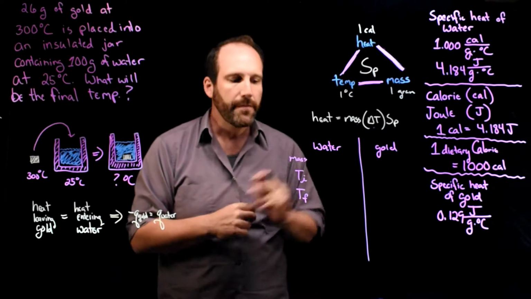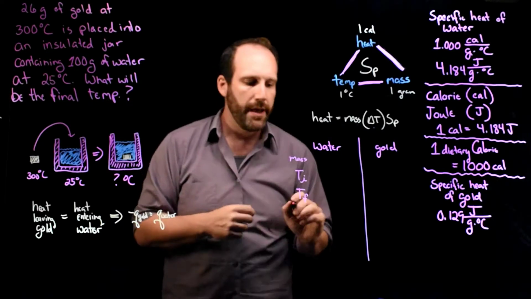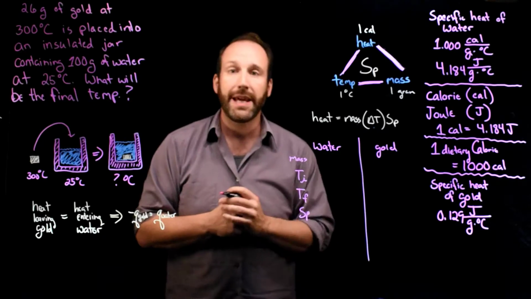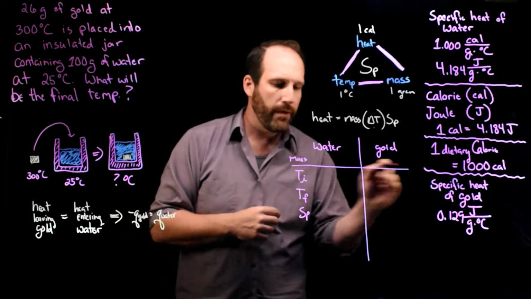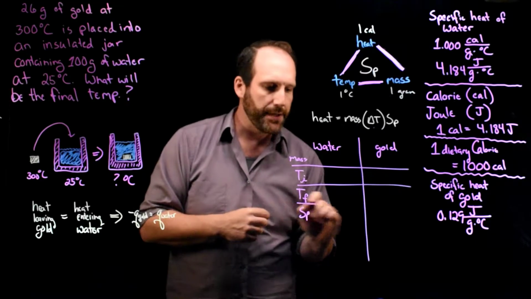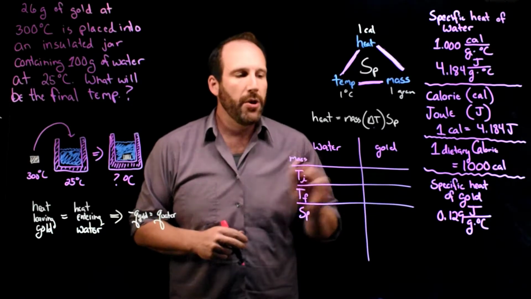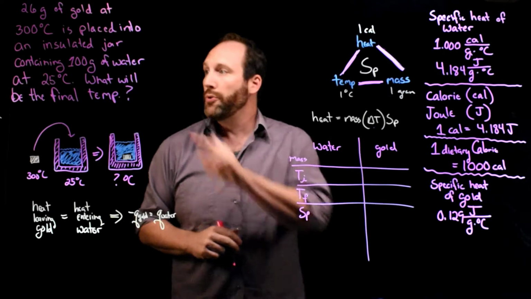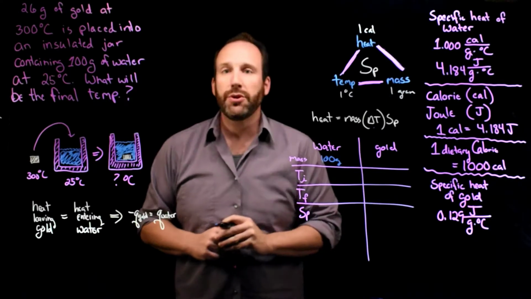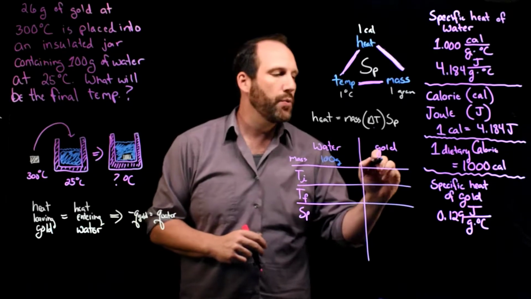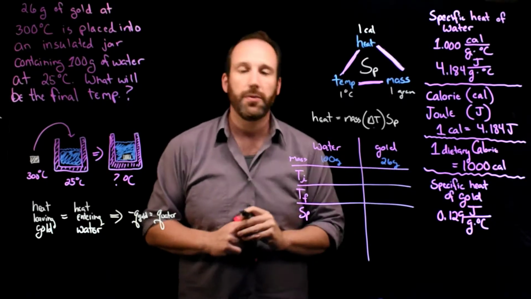We can subtract those to get delta T. And we need to know the specific heat of each of these things. Well, what things can we go ahead and answer? We know the mass of the water. We're told that it's 100 grams of water. And we're told the mass of the gold. We're told that we have 26 grams of gold, right?